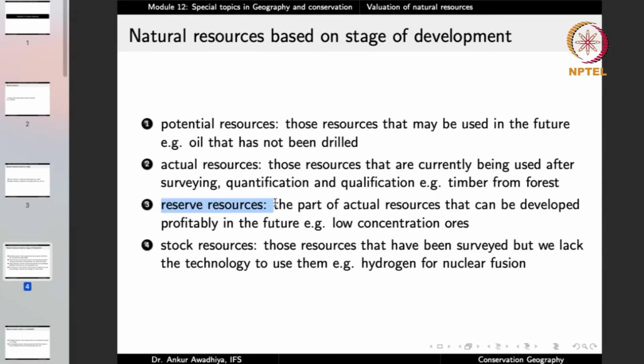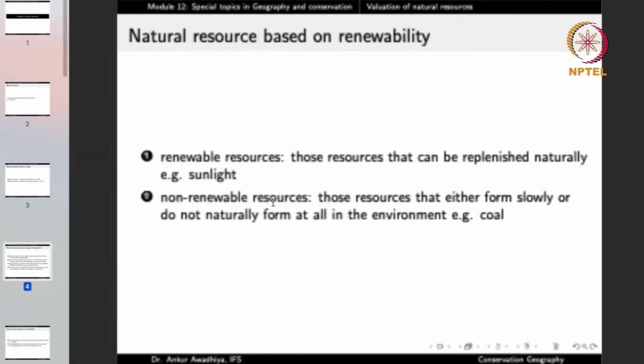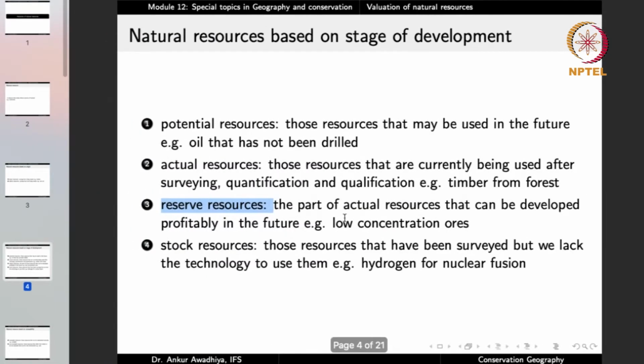But some part of the actual resources may be reserve resources, the part of actual resources that can be developed profitably in the future, such as low concentration ores. In this case, the resource is a part of the actual resource, but we are currently not using it because it is not very profitable. For example, in our forests, you can have certain species of trees that do not have a very good market value today.